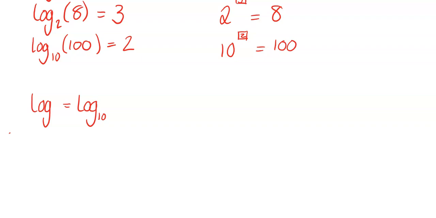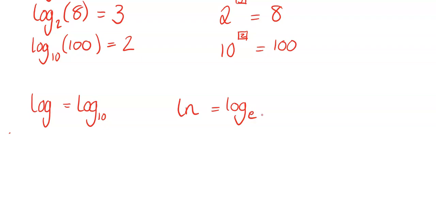Oh yeah, there's another one. You tend to see this one a bit more in A2, or the second part of your A-level course, depending on what you call your A-level course. It's an L and an N, so we say it as ln. It's actually the natural logarithm, and that is log to base e.